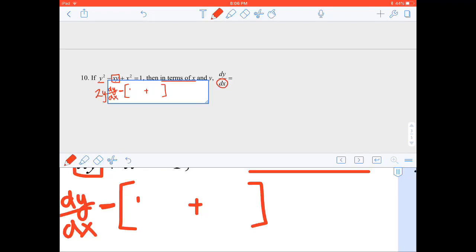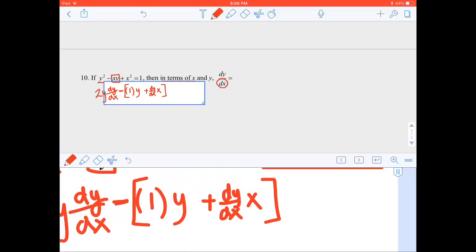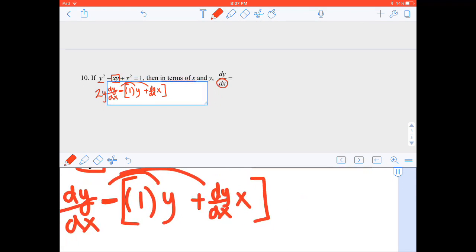The derivative of x would be 1 times the second function, plus the derivative of the second function. So the derivative of y is 1, but we have to multiply by dy dx times x. So that's our product rule here for x times y. This minus is going to have to distribute, so I put brackets around here to remind me.